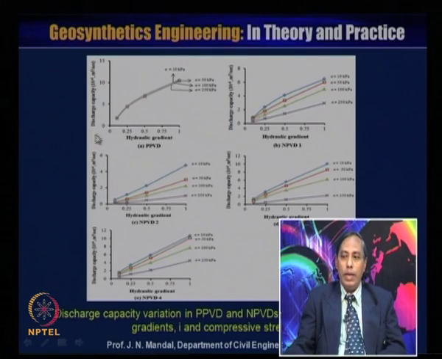You can see what this value should be. You can see it is increasing, and like this you can have a curve like this for the case of PPVD. So, for all the curves you can have the relationship like this, giving the discharge capacity for the different hydraulic gradients and under different compressive stress values.